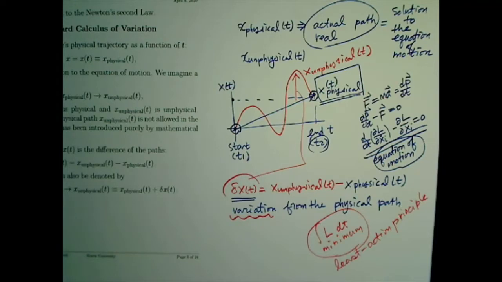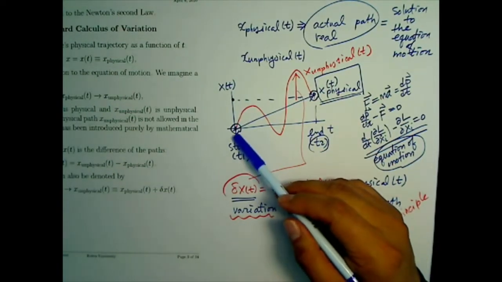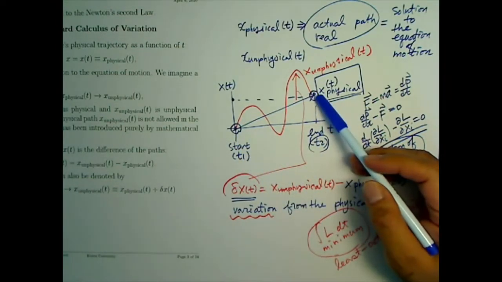Now we vary this physical path from the original physical path to an unphysical path. The variation will be made under the restriction that the starting point and end point do not change at all.